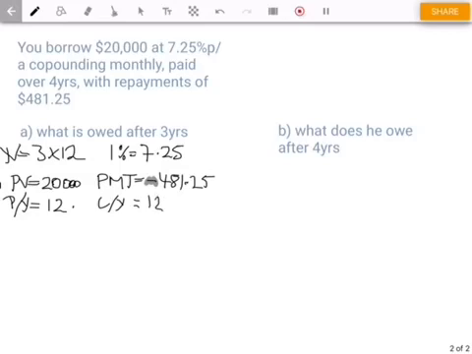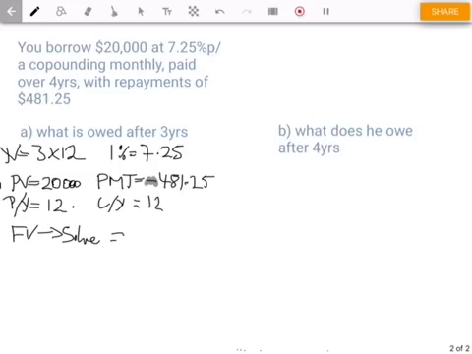Okay, now you want to go into find. So we're finding the final value. So we're going to solve for the final value. You're going to click on that, and then you're going to hit solve. Okay, and that then is going to give you a value.